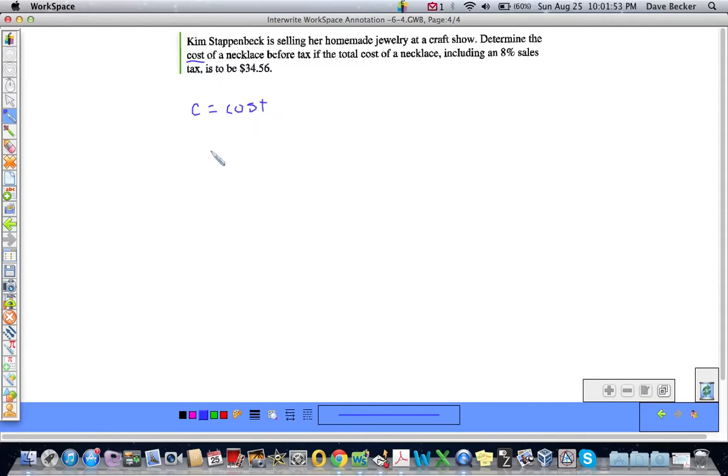And I know that the cost plus tax is equal to the total cost. Okay? And I know the total cost is $34.56. And I know the cost is C. But what's the tax? Well, C is the cost, then the sales tax is 8% of C, of the cost.